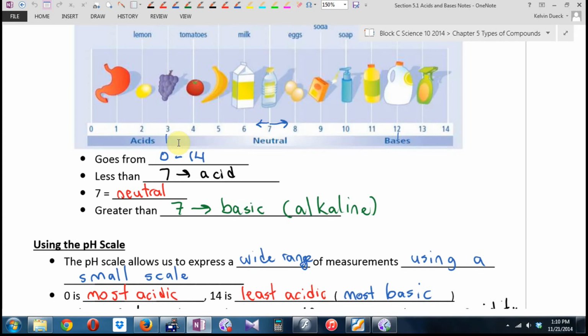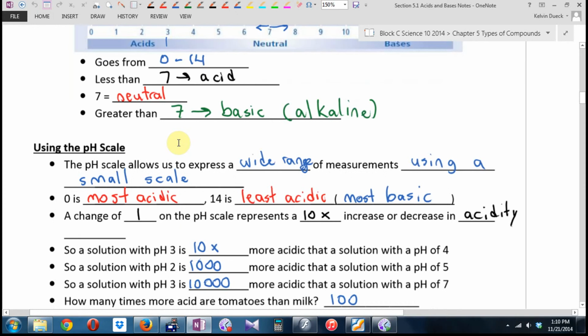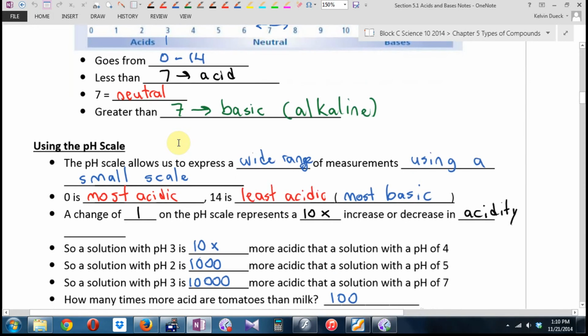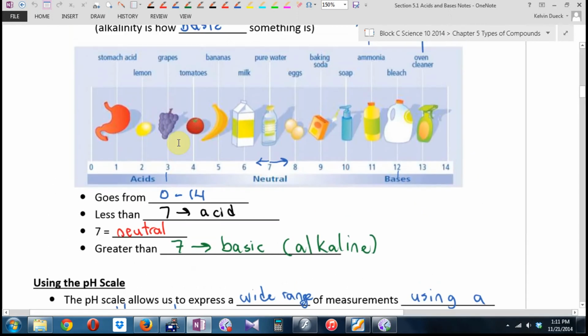Alkaline. Now, the key idea we said with the pH scale is going up or down by 1 actually is going by a power of 10. In other words, the difference between bananas and water is 2 in the acid direction.